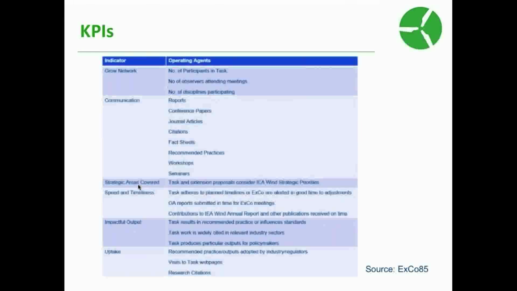So how many people are engaged, of course, because we are supposed to bring a lot of people over. And then, of course, our dissemination activities are very important. We have to align with the strategic areas, but I think this is very easy. And the typical KPIs: because it is a forum of experts, they want to see that whatever we discuss within the task is leveraged to the wider community.